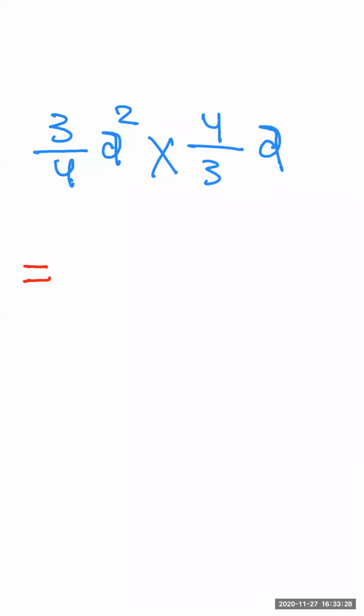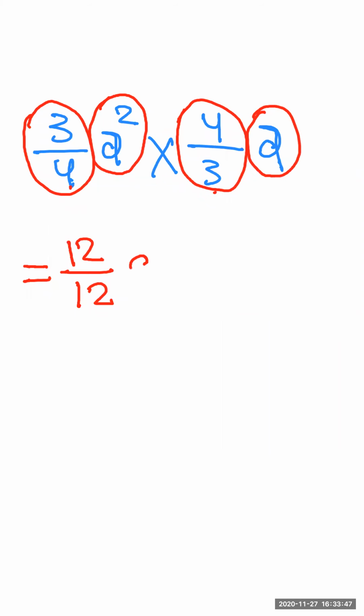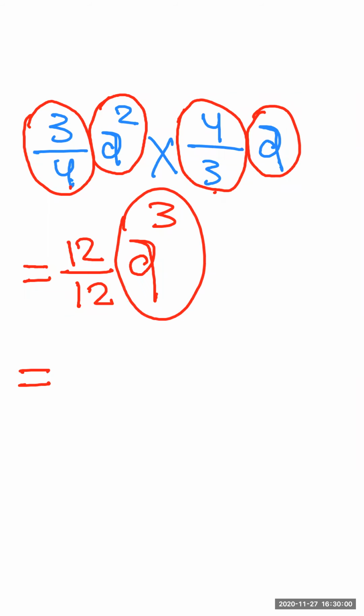It will equal coefficient times coefficient. So 3 times 4 means 12 over 4 times 3 means 12. Then a power 2 times a power 1. We said that it will equal a, then add the indices 2 plus 1, which is 3. 12 over 12 means 1, right? So it will equal a power 3.